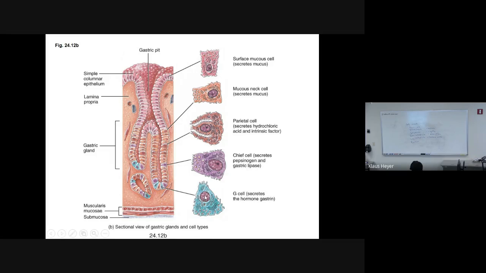And then G cell, which makes that hormone gastrin. And we'll talk about gastrin later. But so you have mucous cells. Who cares if it's neck versus surface mucous cells? Mucous cells, parietal cells make acid, chief cells make pepsinogen. And yes, lipase. Guess what lipase breaks down?